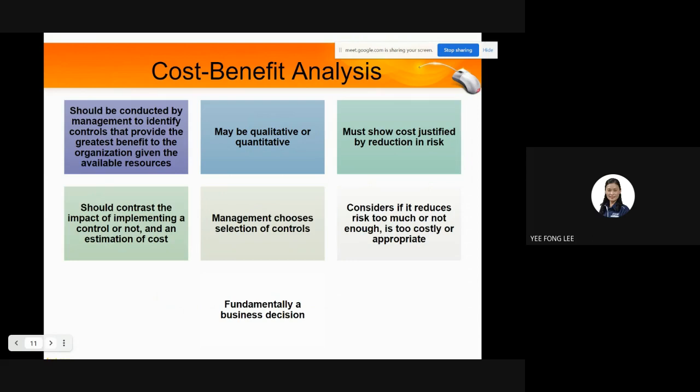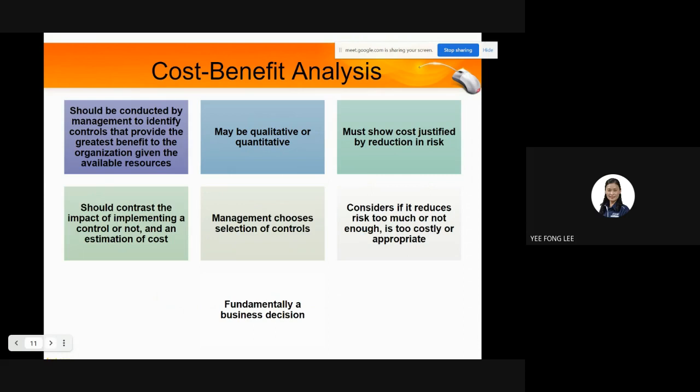So this analysis can be quantitative or qualitative, and must demonstrate the cost of implementing the given control, justifying the level of risk, justifying the assets that it will protect.